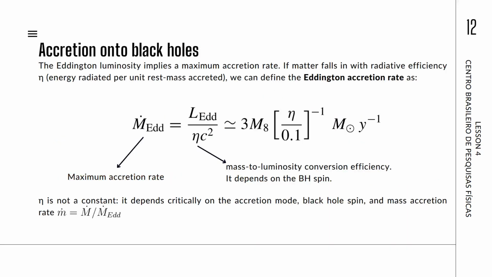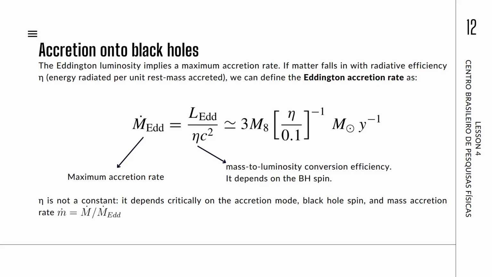Now we can also define the Eddington accretion rate. Actually, this one is better if I write it on the other board. Okay, the luminosity is eta c squared m dot. This m dot is mass per second.